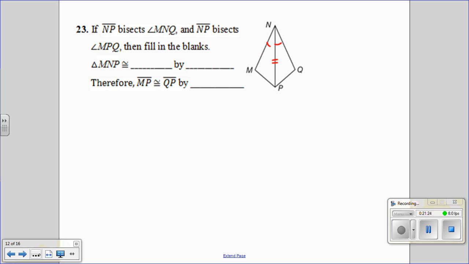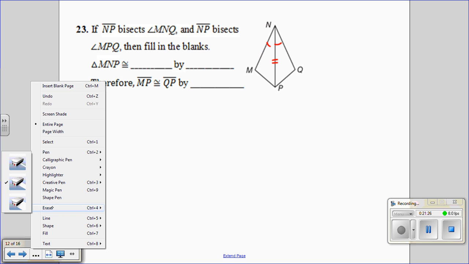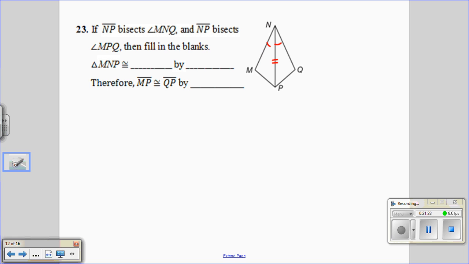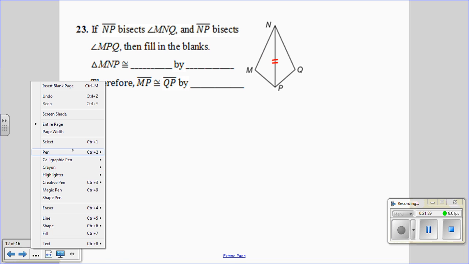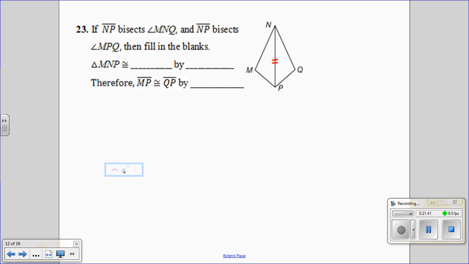Eraser. Make sure you read all the information carefully, ladies and gentlemen. All right, NP is bisecting MNQ. Oh, I'm sorry. NP bisects MNQ, so let's mark that like I had it originally.